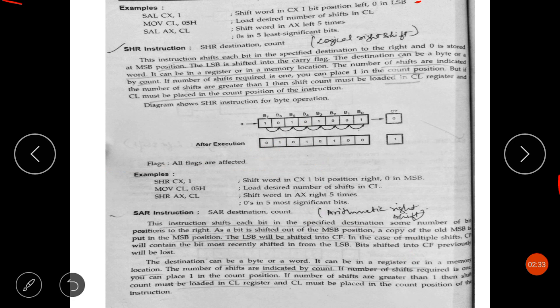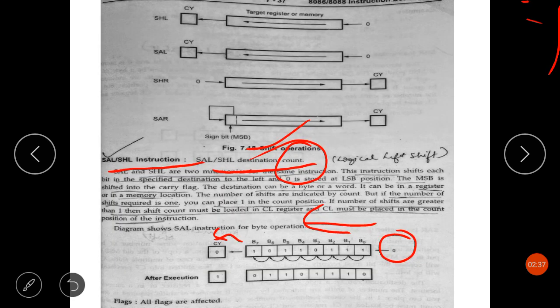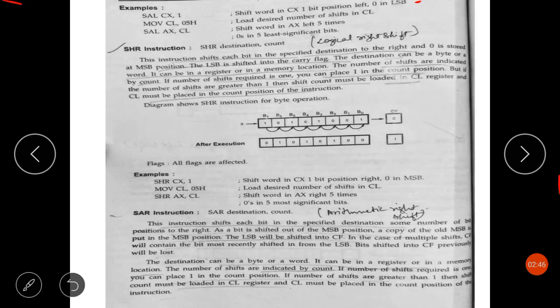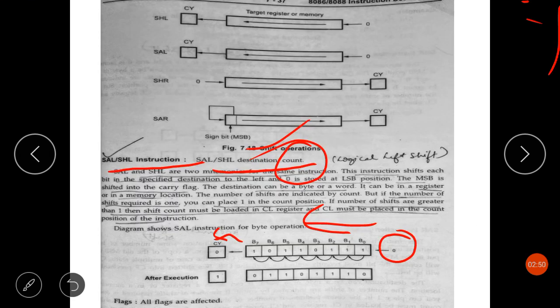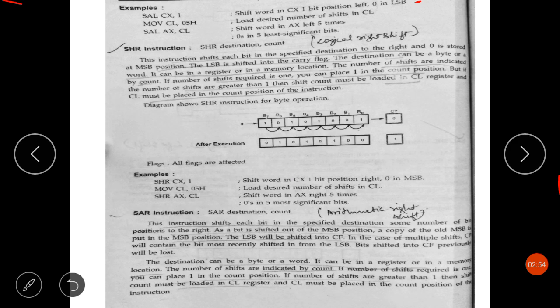As you can see, the format is SAL or SHL destination comma count, so in the count we can write 1 if only one shift is required.